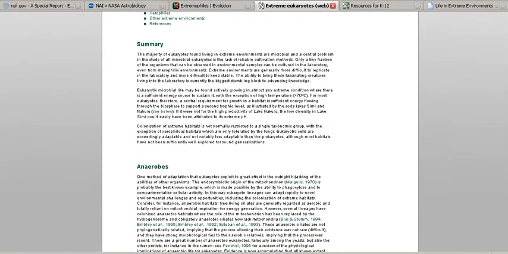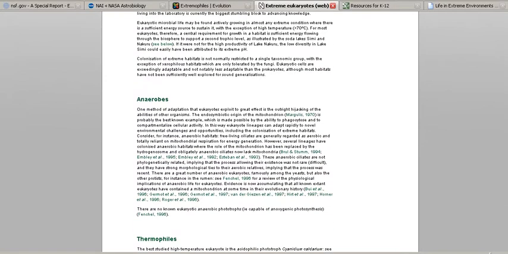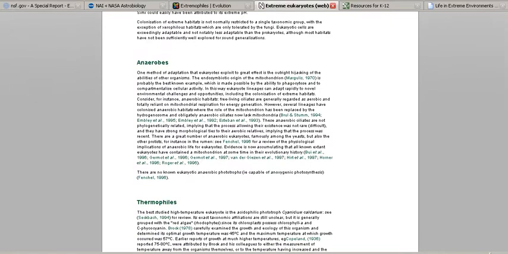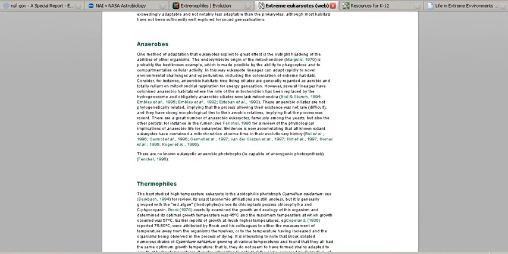So it's not so scientific or technical that your students will not be able to understand. This is a good place. It also has internal links for more information.